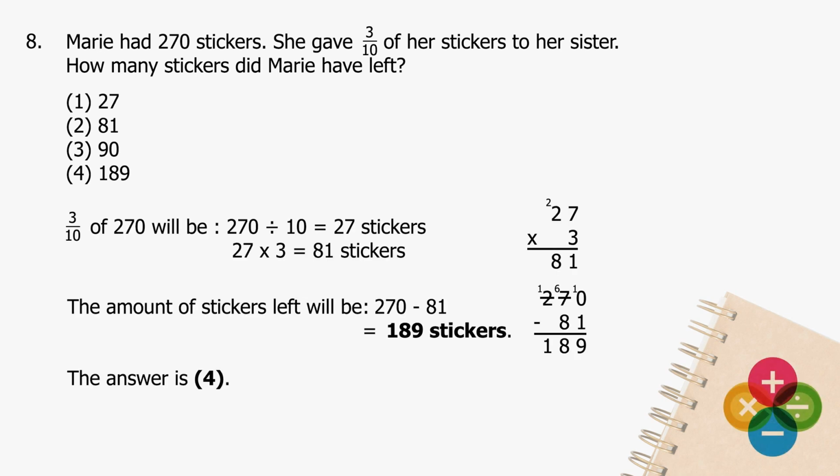To find out how much is 3/10 of 270, divide 270 by 10, and you will get 27 stickers. Multiply 27 by 3, and you will get 81 stickers. 3/10 of 270 will be 81 stickers. Subtract 81 from 270, and the answer will be 189 stickers. Marie was left with 189 stickers. The answer is 4.